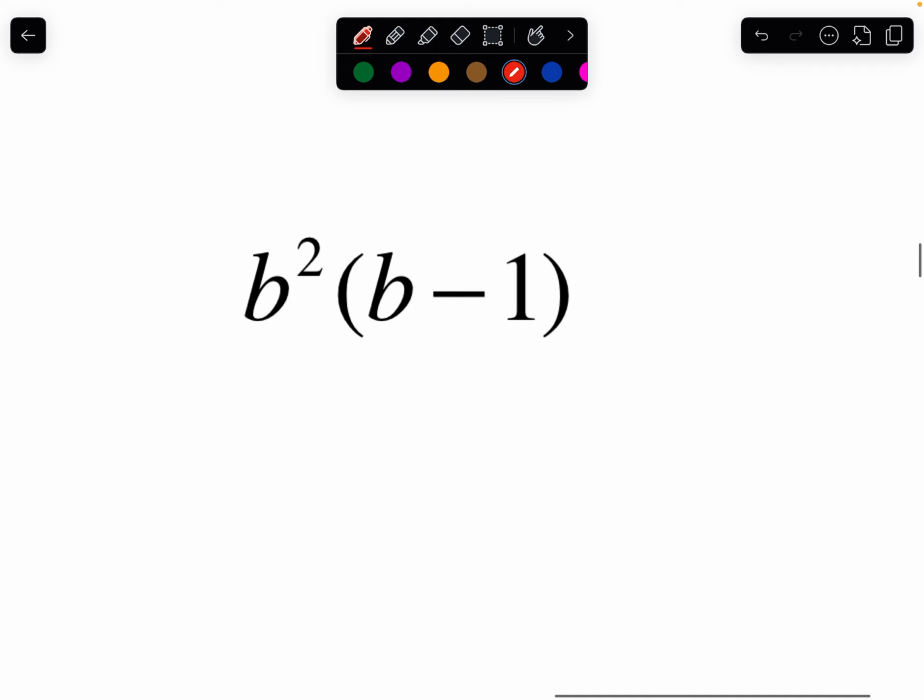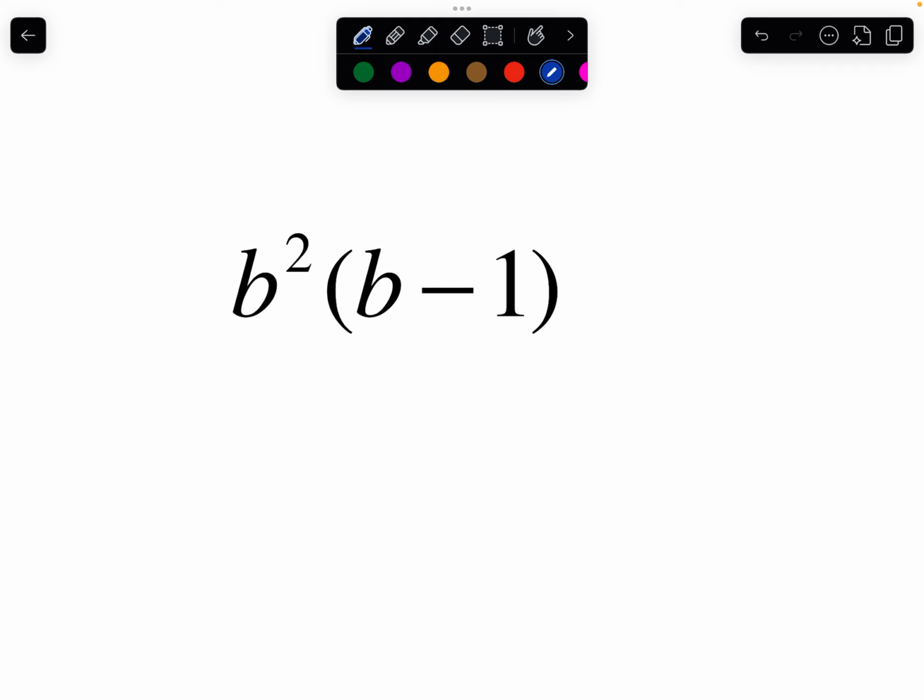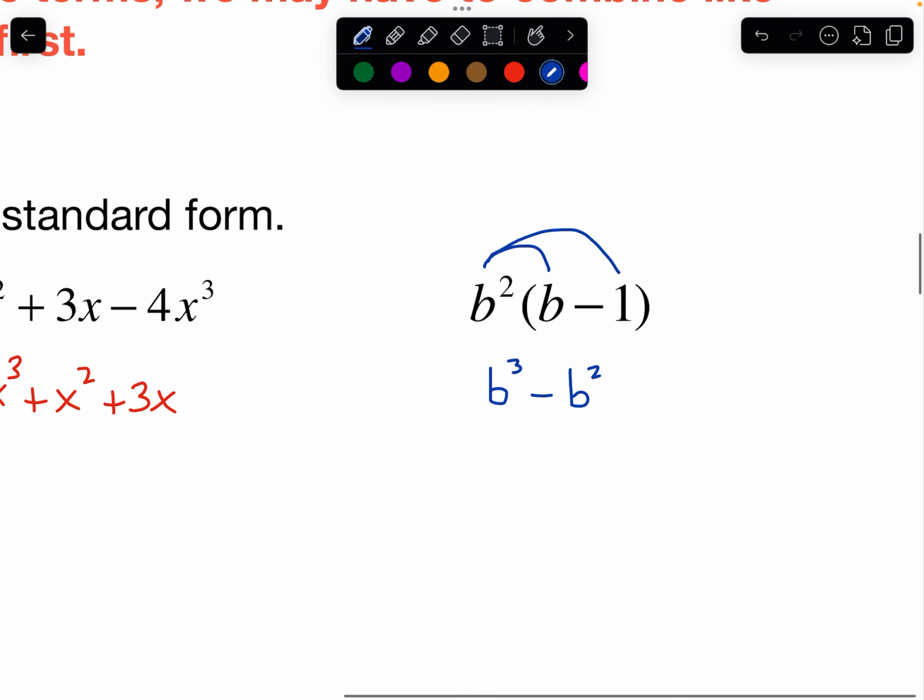Over here, b squared times b minus 1. This time we've got some multiplication that needs to be done in order to put this in standard form. b squared times b, that would be b cubed. b squared times negative 1 will be negative b squared. And let's check our exponents, make sure they go from biggest to smallest, and as it turns out, they do.